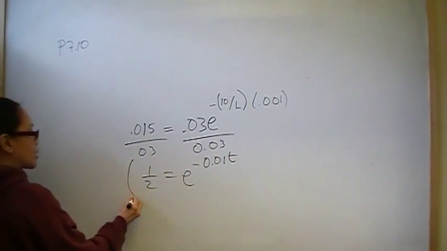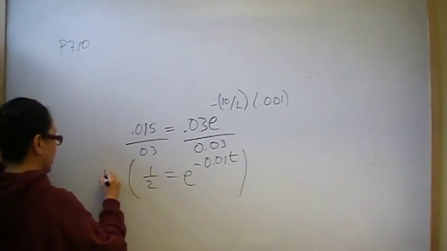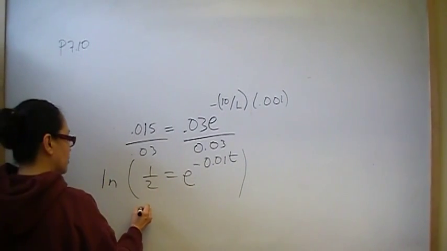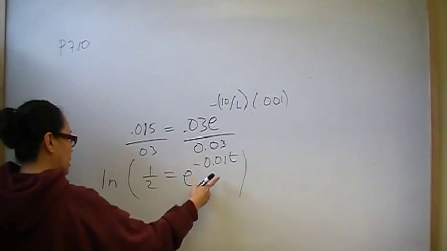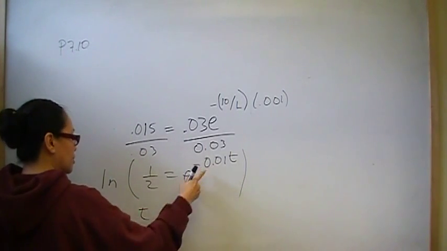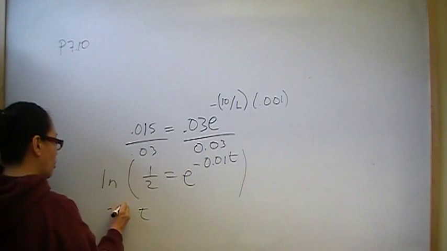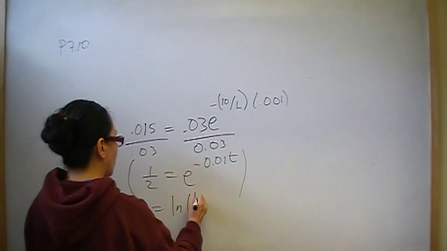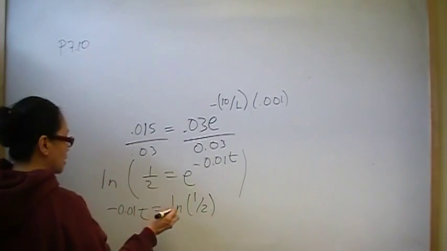Then you take the natural log of the entire equation, and that's going to give you negative 0.01 over L is equal to the natural log of 1/2.